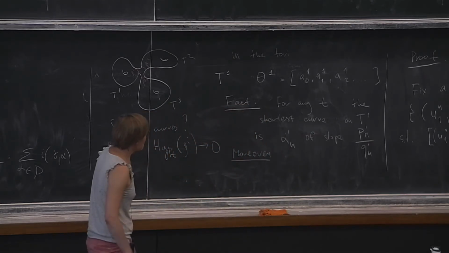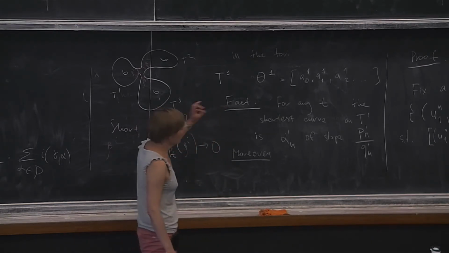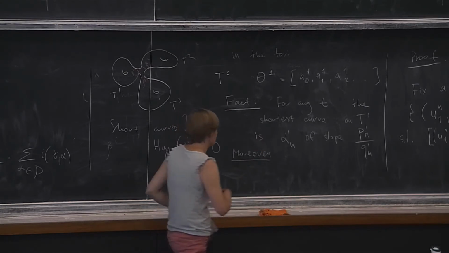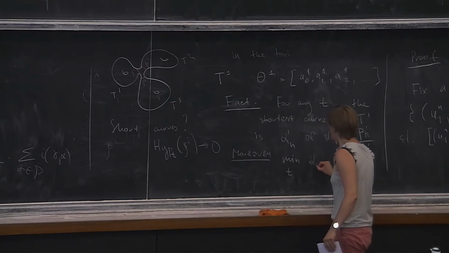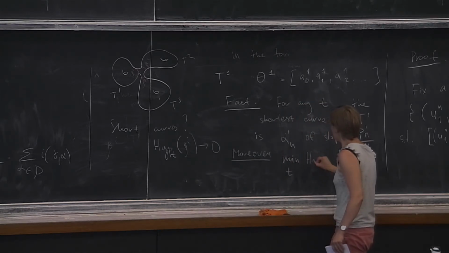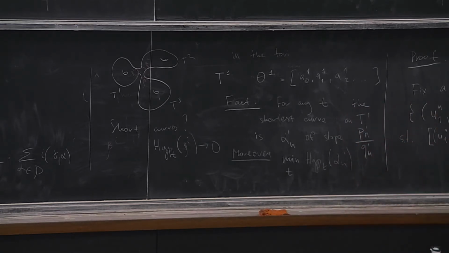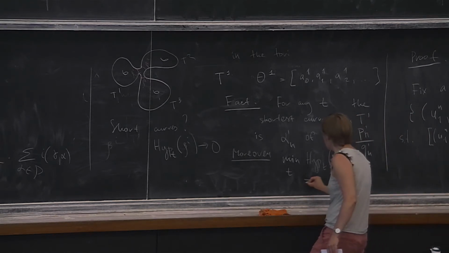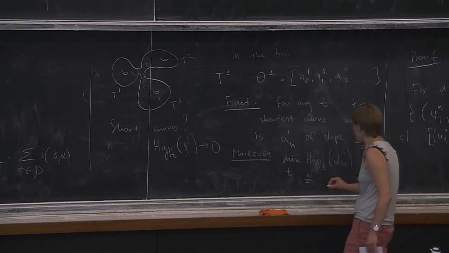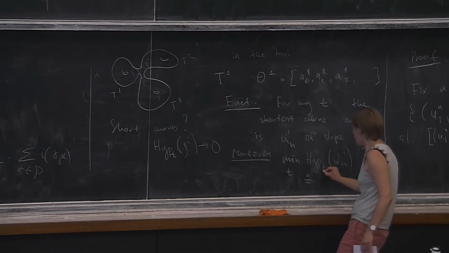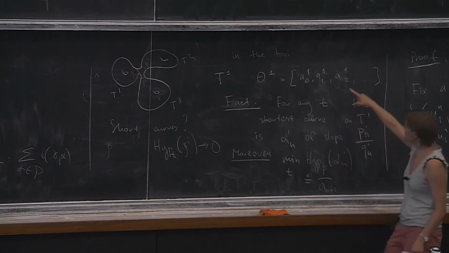Okay. So moreover, we know the minimum of the hyperbolic length of such a curve. So the minimum is, up to multiplicative error, 1 over a_{n+1}.